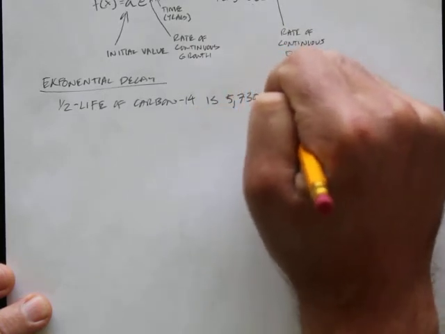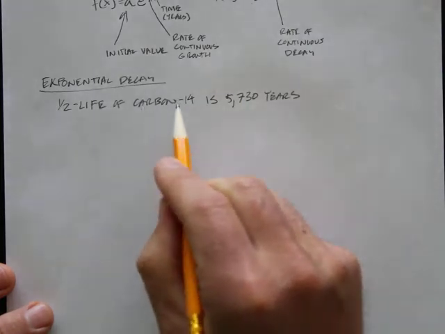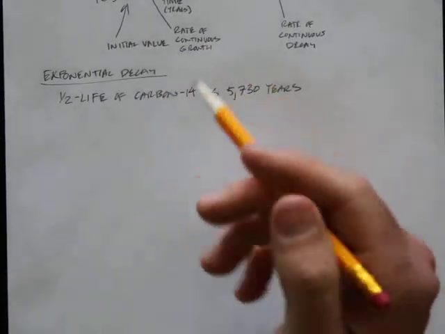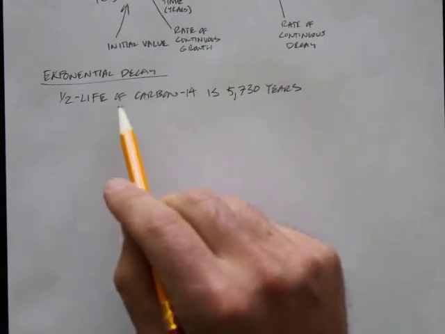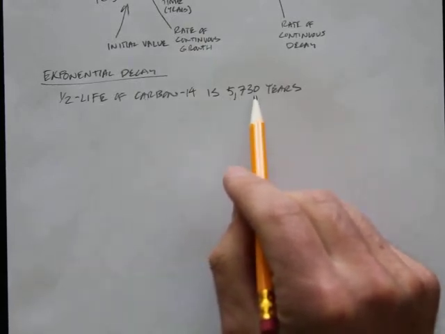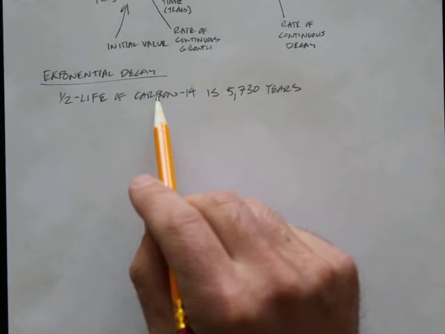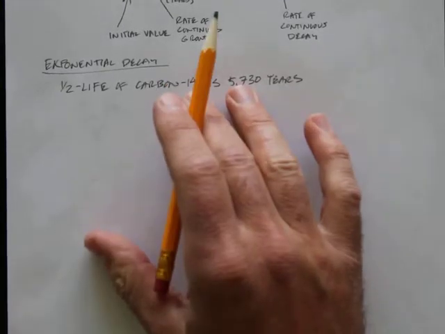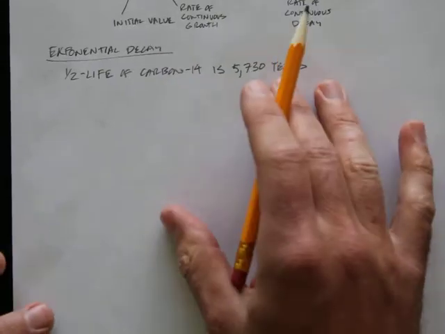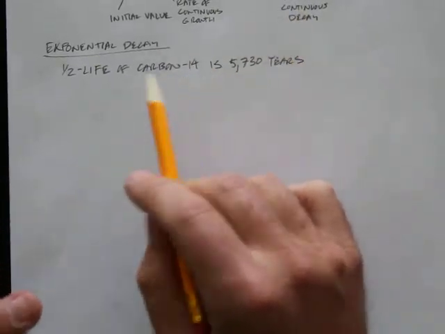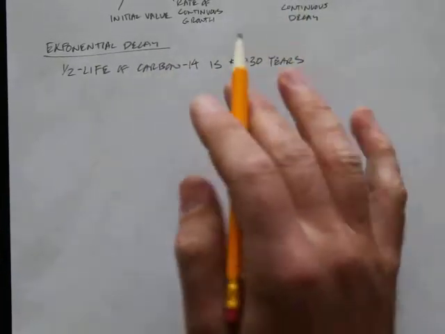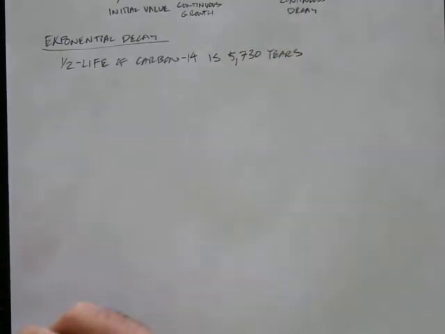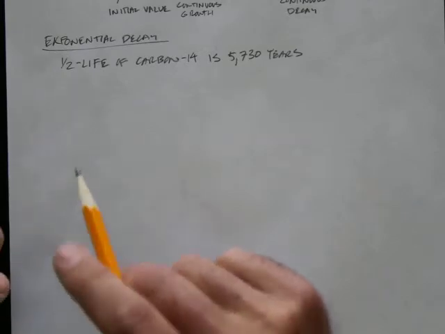Basically what this means is this substance, carbon 14, is in an object, and after 5,730 years, there's half this much carbon left in that object. That's basically, I think, how it works. If it's not exactly that, it's something very similar to that. So don't take me to the bank here, but that's basically what that means.